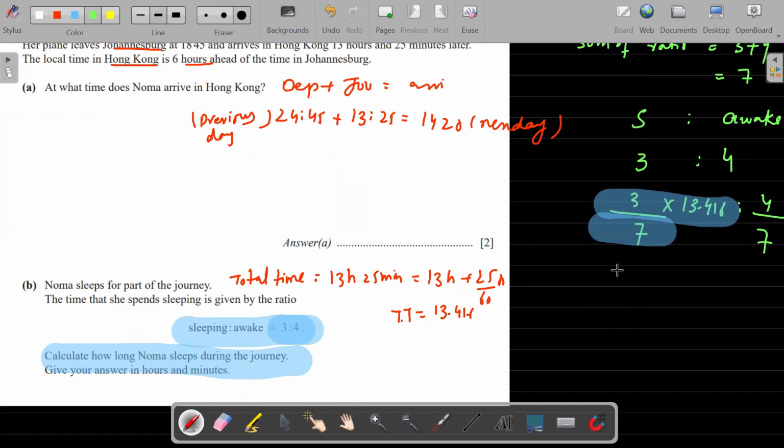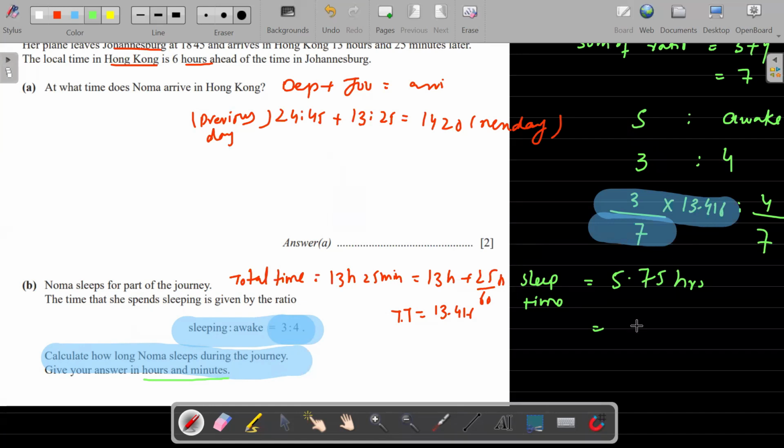It is 5.75 hours. But we need to mention the time in hours and minutes. So that is the sleeping time in hours. Let's convert this into minutes as well.